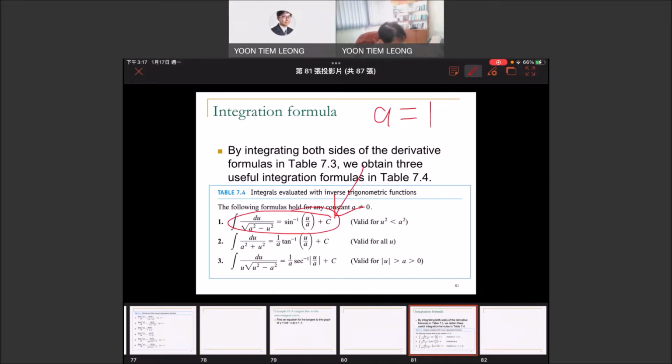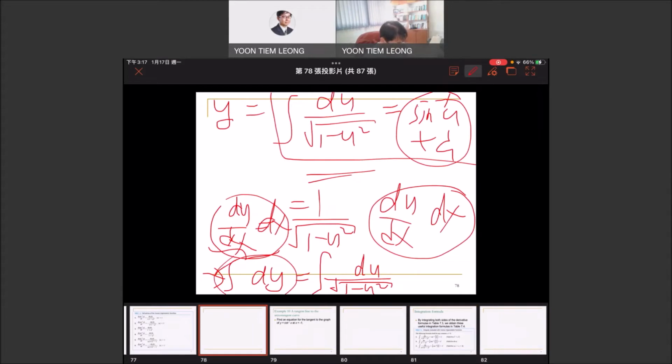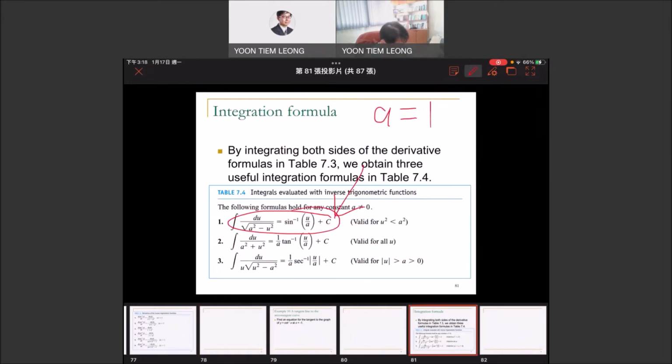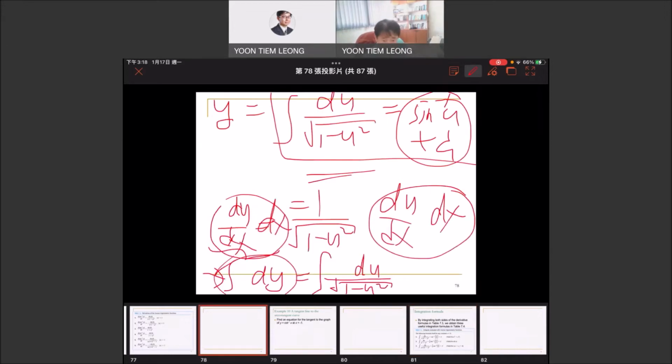So let me try to see how I can do that. Let us start from these simple relationships, then I'll show you how you get to equation number 1 from this.